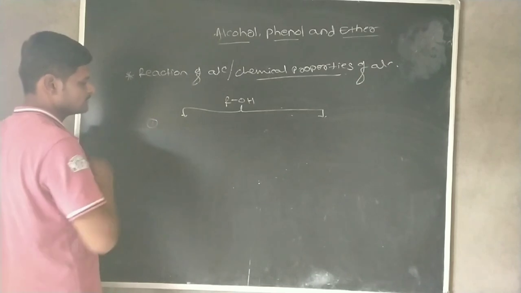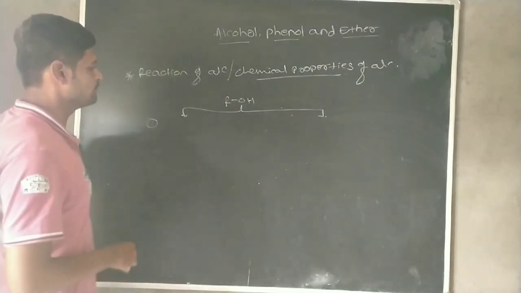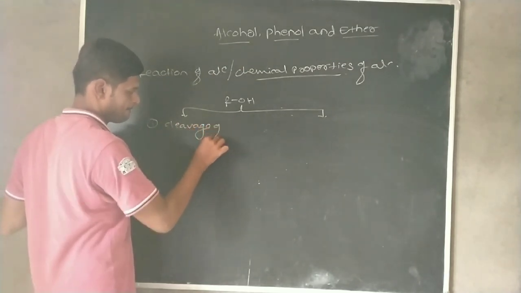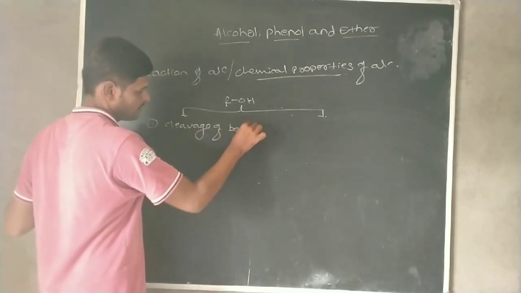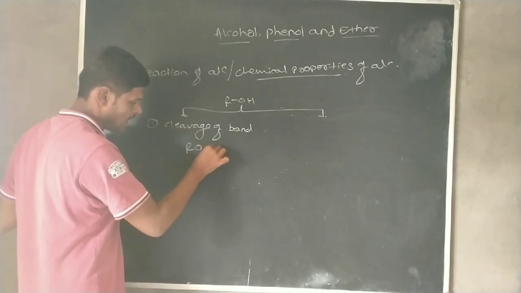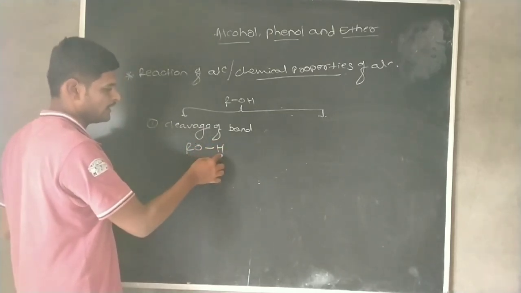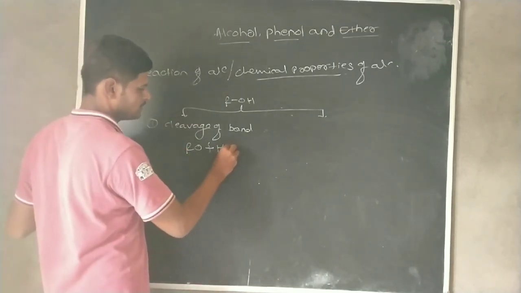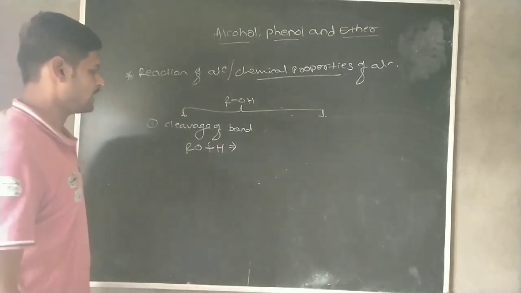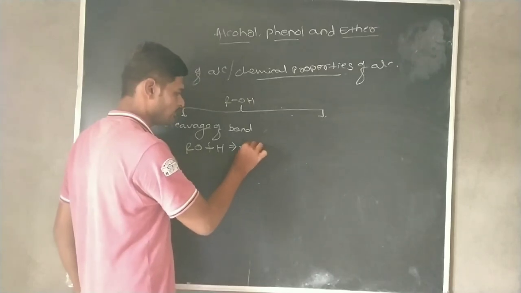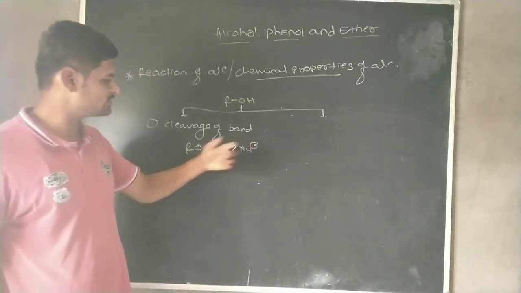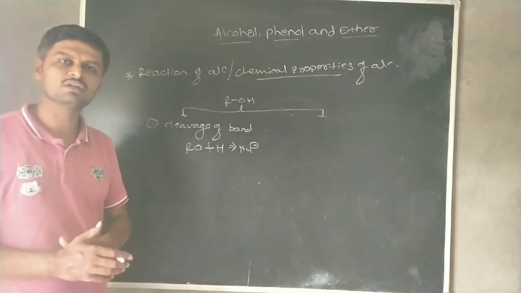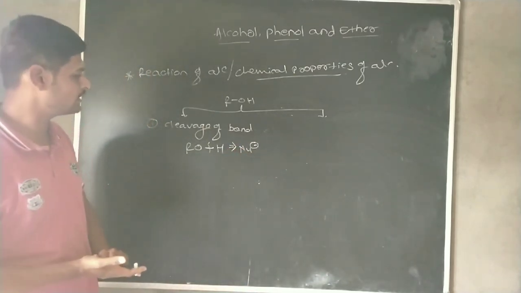The first reaction is carried out by cleavage of the bond between O and H. After breaking this bond, the alcohol acts as a nucleophile. Nucleophile means an electron-rich species, containing more electrons.